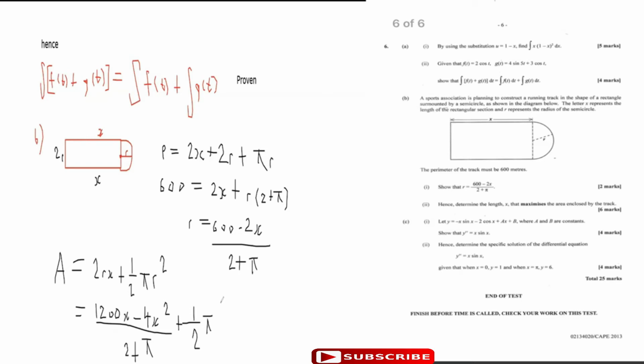Let me try to square the numerator first. I'm just going to write it as 600 minus 2x all squared, over 2 plus pi all squared.